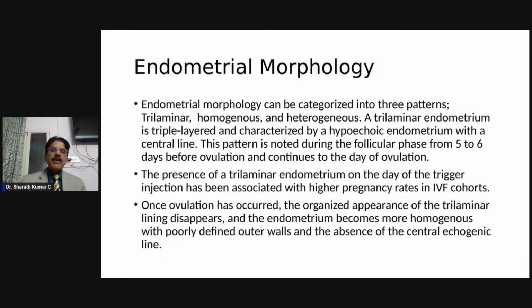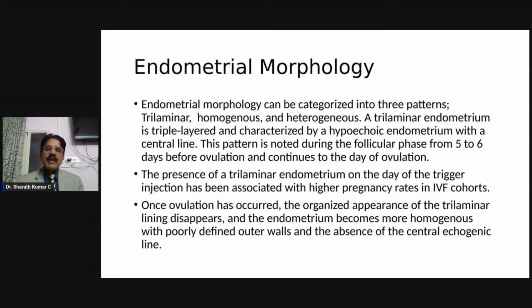Endometrial morphology can be categorized into three patterns: trilaminar, homogeneous, and heterogeneous. A trilaminar endometrium is triple layered and characterized by hypoechoic endometrium with a central line. This pattern is noted during the follicular phase from 5 to 6 days before ovulation and continues to the day of ovulation.